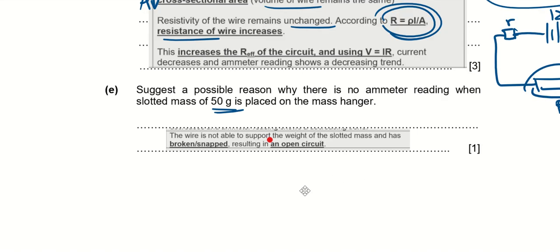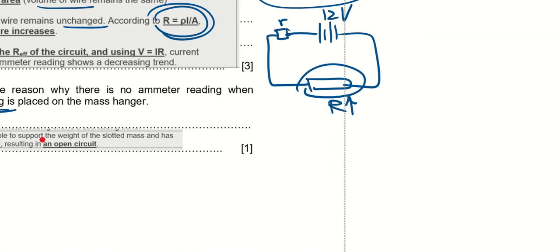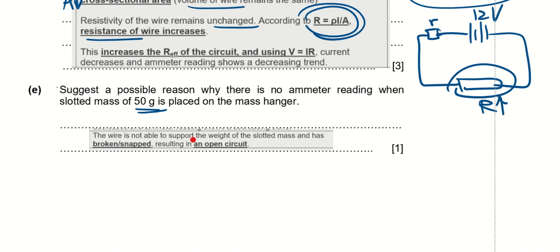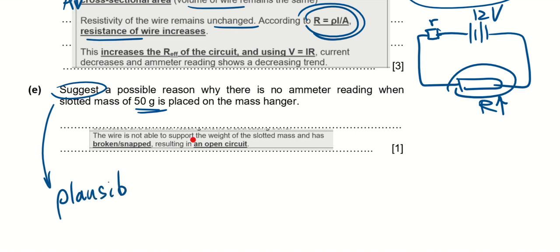The wire is not able to support the weight of the slotted mass and has broken and snapped, resulting in an open circuit. That's why there is no reading. When you see questions saying suggest, it means to give a plausible answer. Plausible.